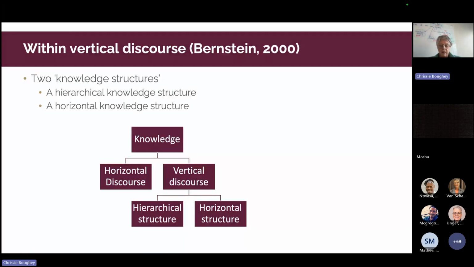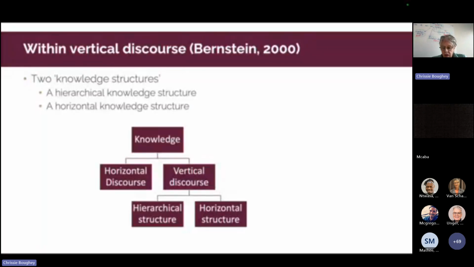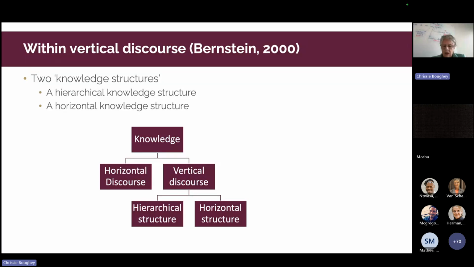And within vertical discourse, you've got what's called a hierarchical structure and a horizontal structure. In a hierarchical structure, which is typical of the natural sciences, researchers generate data, and what they're trying to do is produce ever more arching theories and principles to account for all the data that comes in.